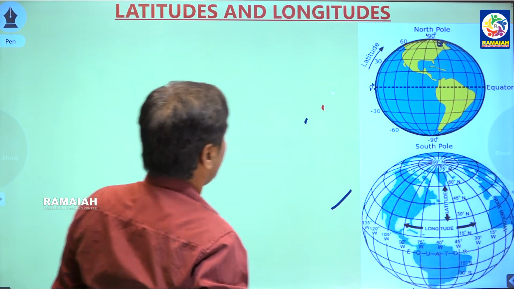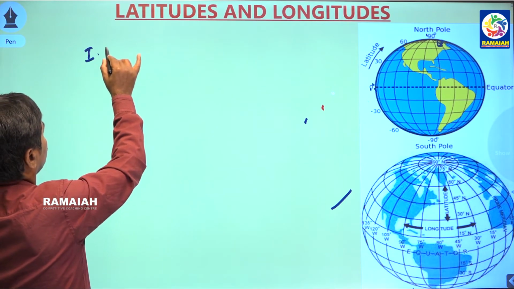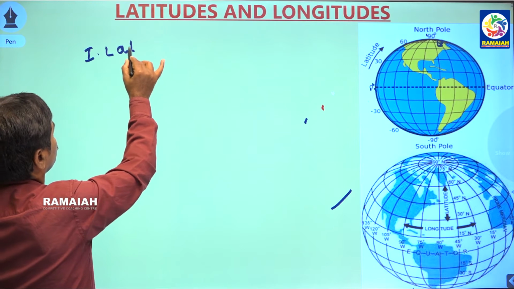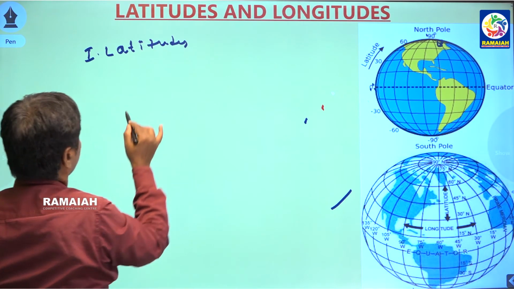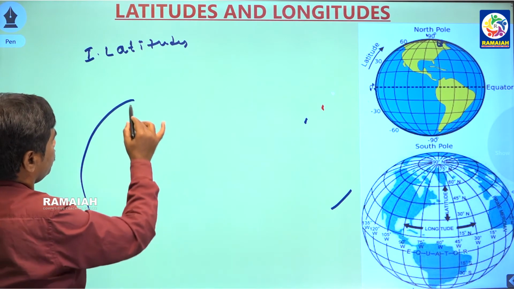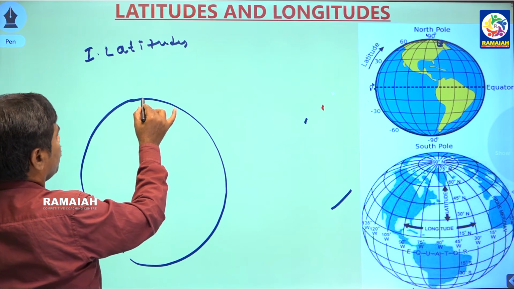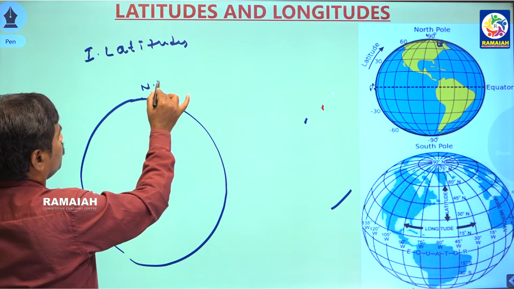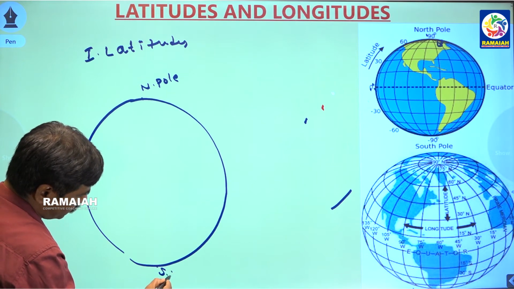Now the important latitudes on Earth's surface. This is the North Pole, this is the South Pole.